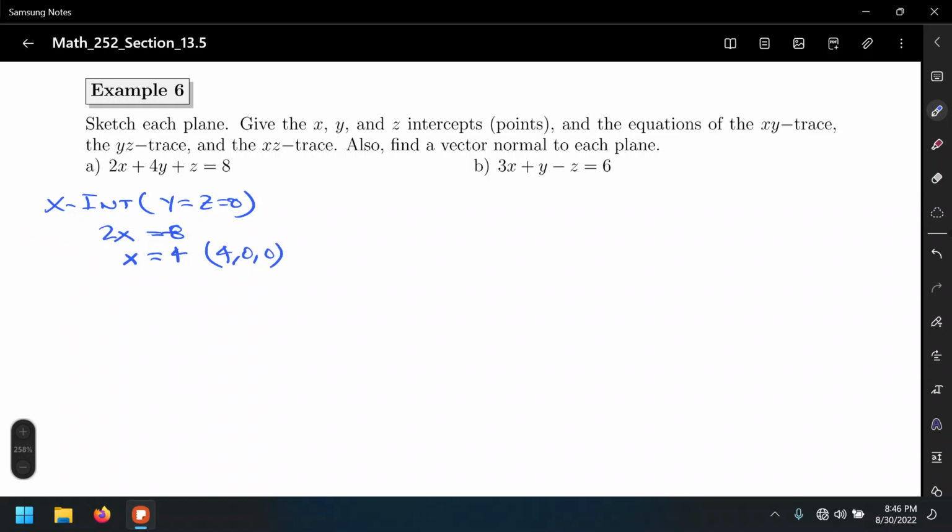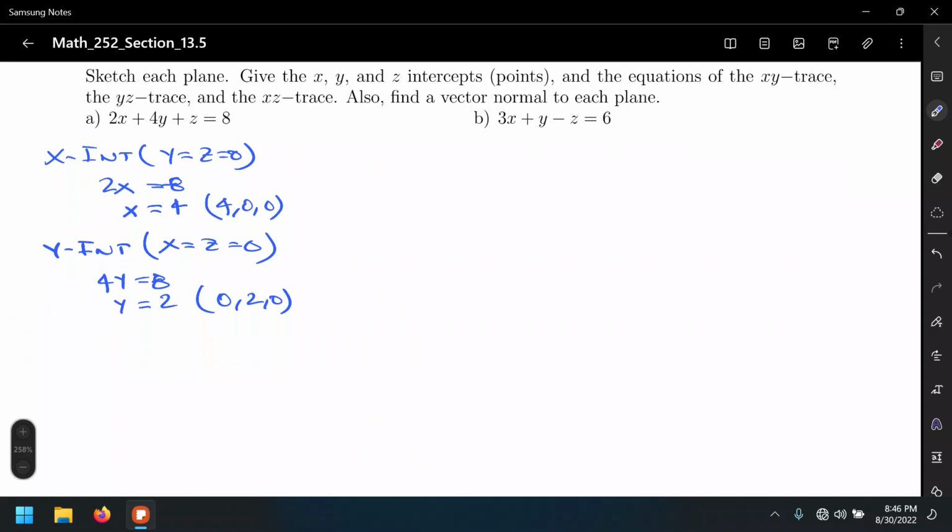To find the y-intercept, we make 0 the other 2 variables, x and z. x equals z equals 0. That reduces to 4y equals 8, and then y is 2. As an ordered triple, that's 0, 2, 0.